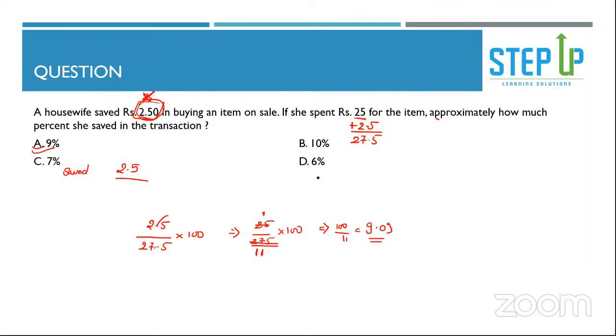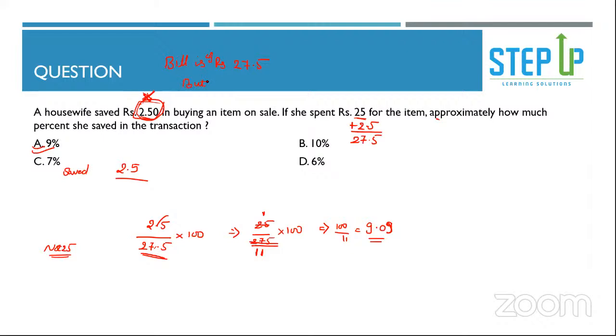How many of you want me to explain this again? All right. Why are we writing 27.5 in the denominator, not 25? Think about it. You went to buy something. The bill is 27.5 rupees.